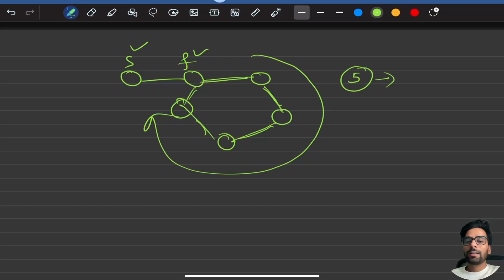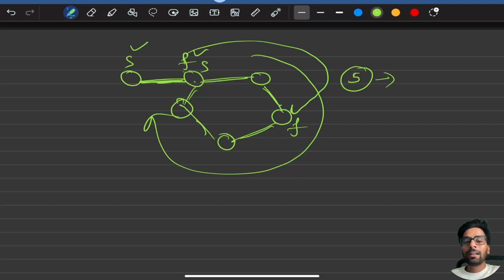Now slow is here and fast is here. So fast will move to this position and slow will move to this position in the next iteration. Earlier they had a gap of 1 unit because they were just starting, and you can see that fast was already on the cycle because this is the starting node of the cycle.